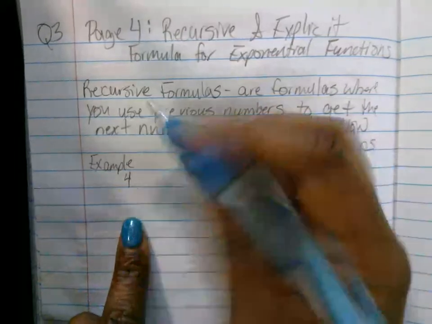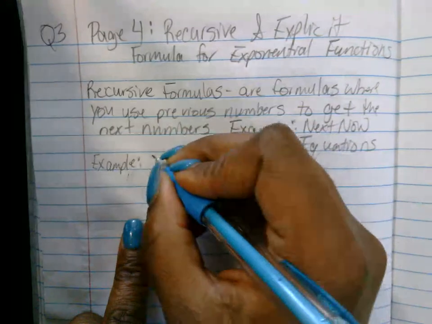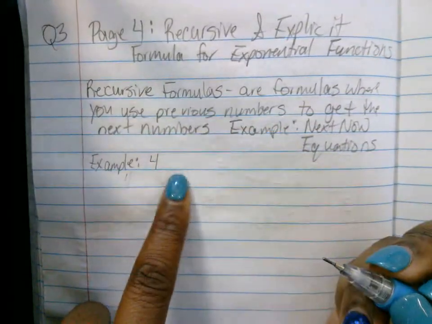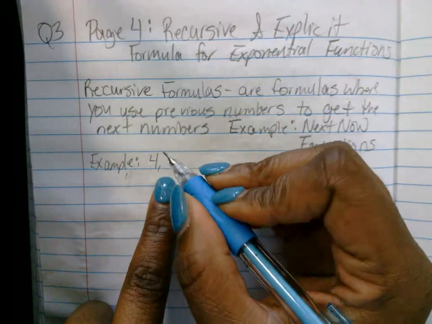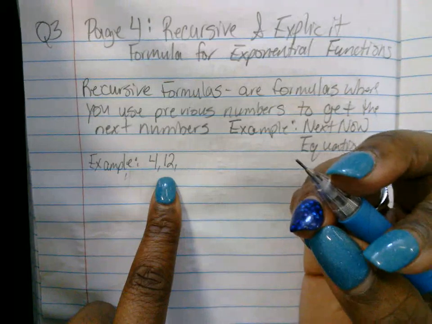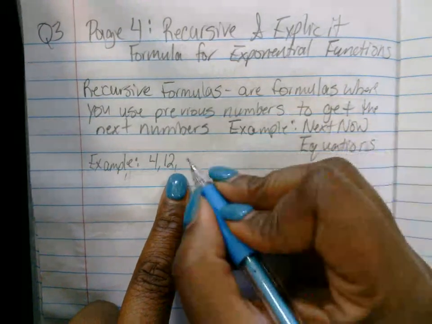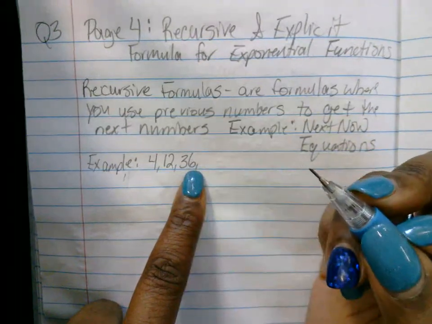So my zero number, move it out to the side. We start with 4 and multiply by 3. What's 4 times 3? 12. Use a calculator if you don't know. What's 12 times 3? 36. Okay. What's 36 times 3?